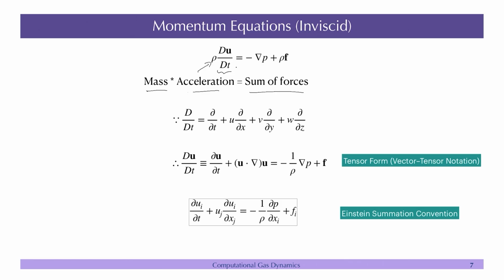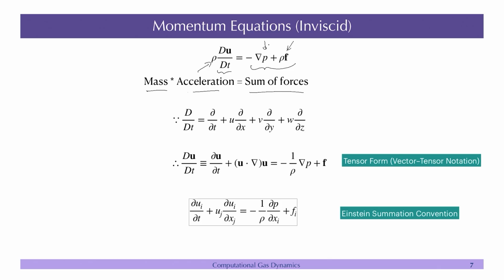So, the change in velocity with respect to time following a fluid particle, and this is equal to the summation of forces. You can have some external force, it may be gravity, or maybe the magnetic force if you have such things, and of course the pressure force, which is acting on the fluid, right.